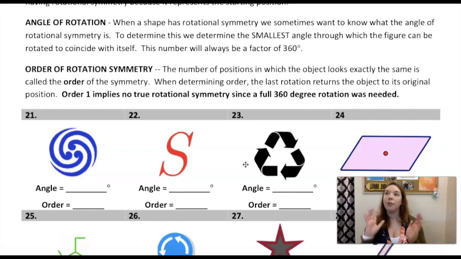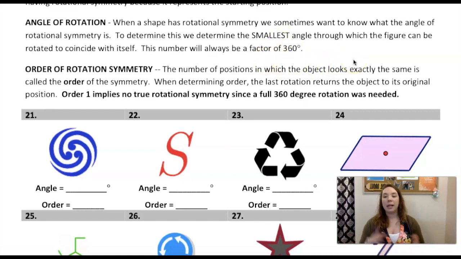So if you had to rotate it 90 degrees, but then again it happened at 180 and again it happened at 270, we would just do the smallest one at 90 degrees. This number will always be a factor of 360. So if we take my example of 90 degrees, 180, 270, that does get us back to 360, and they should all go into 360 evenly. And then order of rotation symmetry, the number of positions in which the object looks exactly the same, is called the order.